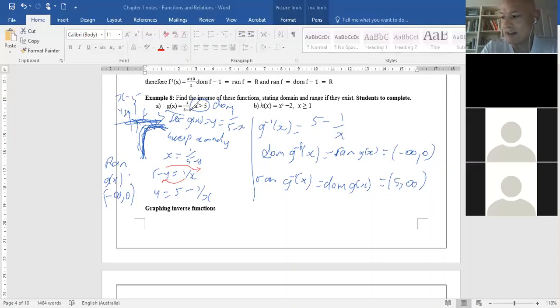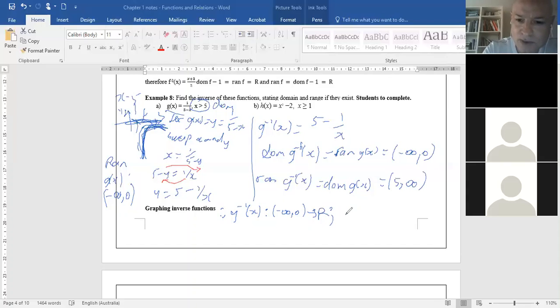And now I'm going to write it in function notation. So therefore, g to the negative 1 of x, such that the domain is negative infinity to 0, to the codomain, which is reals.